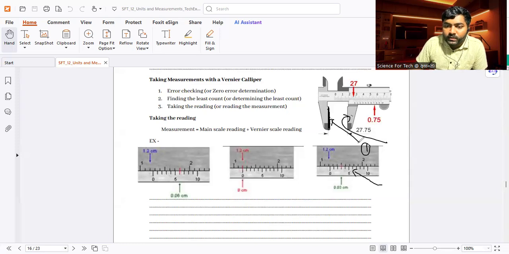There can also be some dirty particles or dust particles, or if these are rusted, again a barrier is built. Understood? So those are the major reasons for positive zero error. Okay. Write the first one.